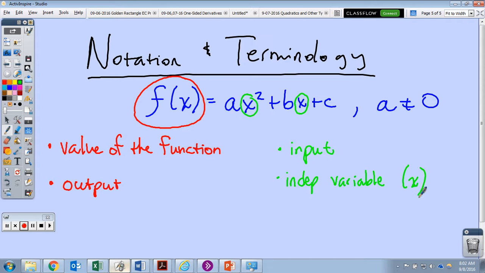The independent variable is x, and the dependent variable is f of x. And sometimes you'll see in textbooks where they'll say, let y be f of x.